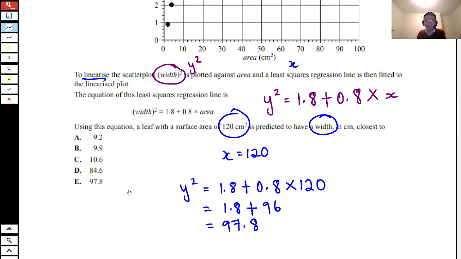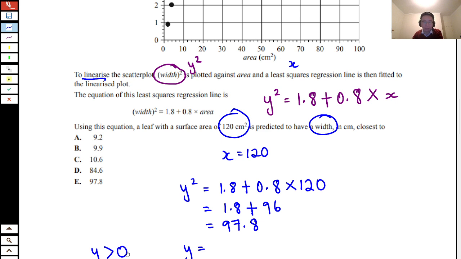Now at this point, it's tempting to choose option E because that's a number that we've gotten in our calculation. But we're not asked for the width squared, we're just asked for the width. And so that means we actually need to find the square root of 97.8. And the other thing I know is that a width is a dimension of length, and that can't be negative.